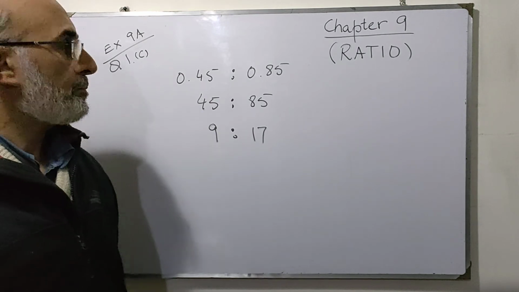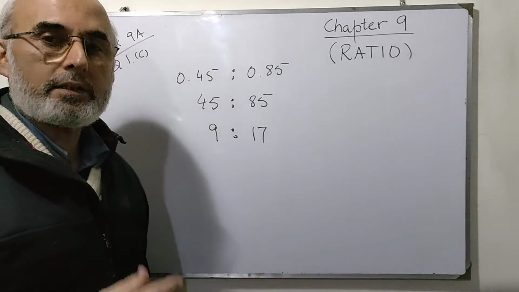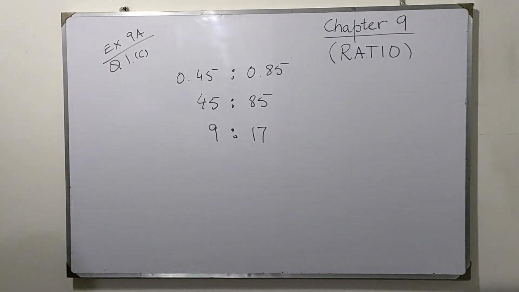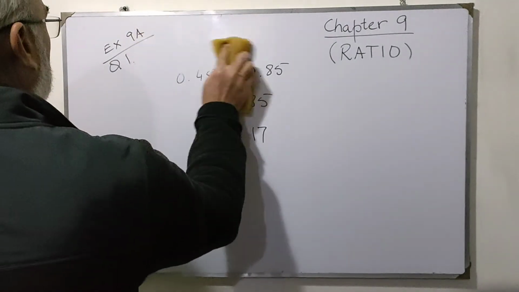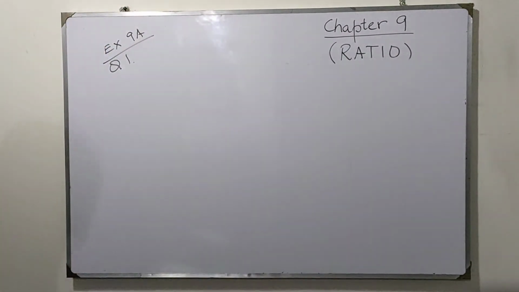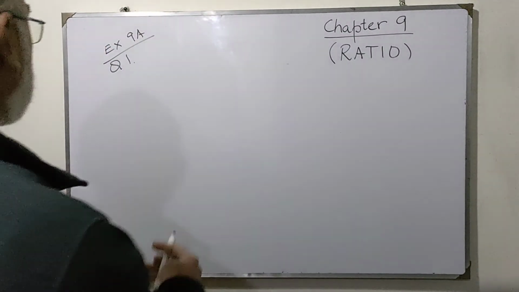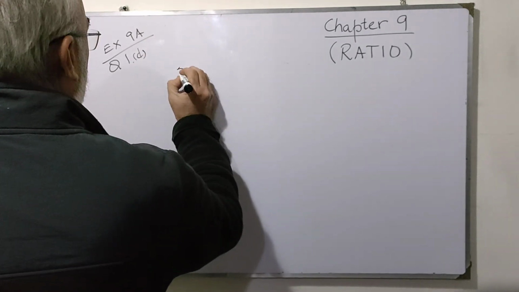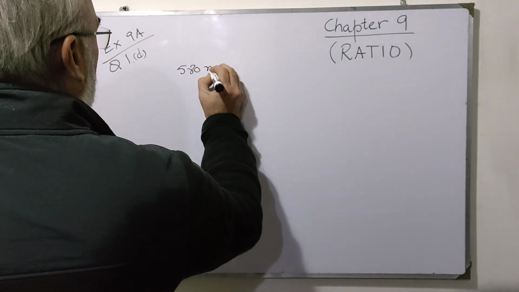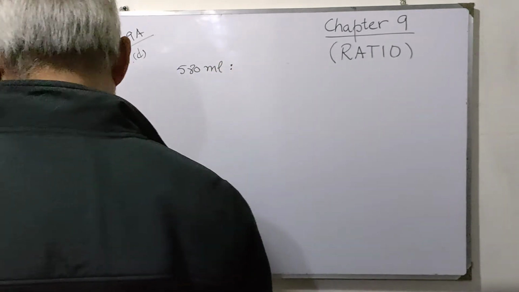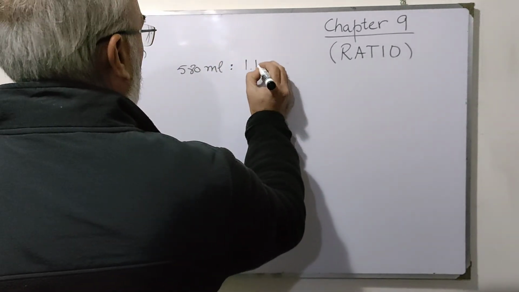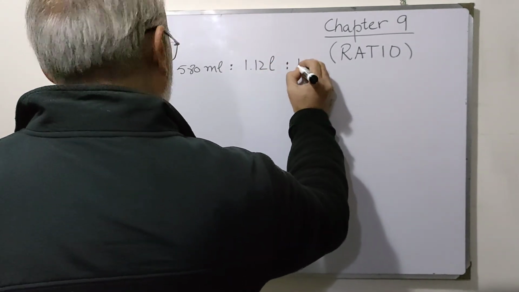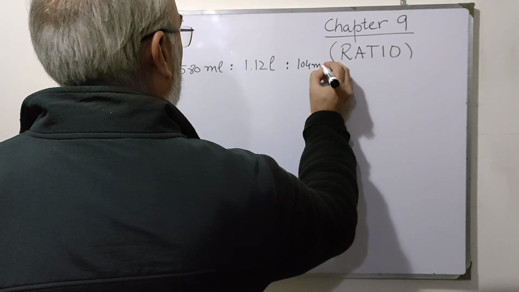So let's take another part from the same question, part D. I have here 580 ml is to 1.12 liters and 104 ml.